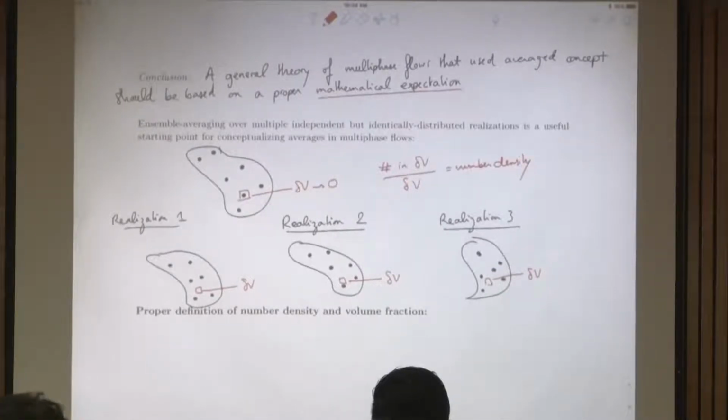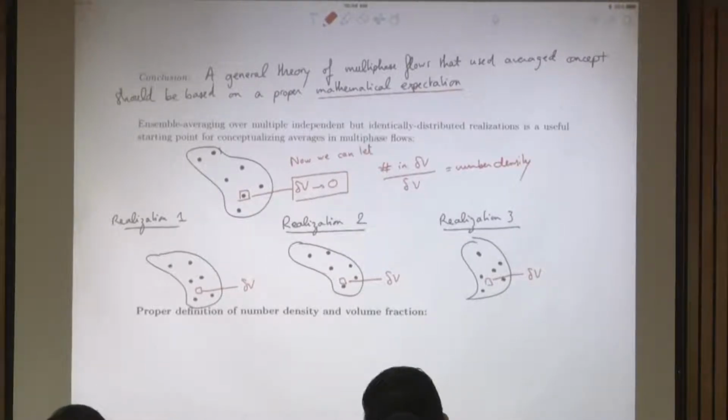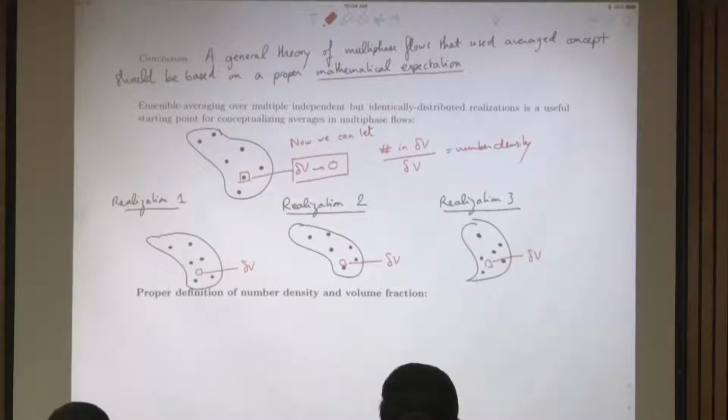And so now we are truly free to let delta V go to 0, and therefore we don't have to make any assumption regarding scale separation. So ideally, this is what we would like to use.